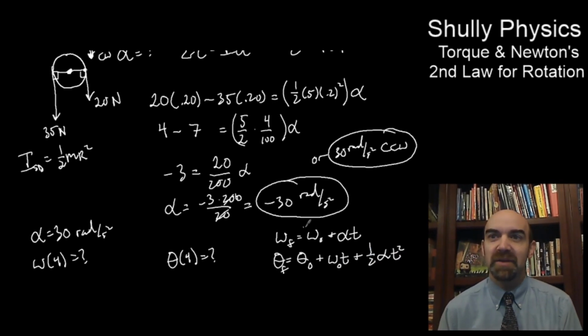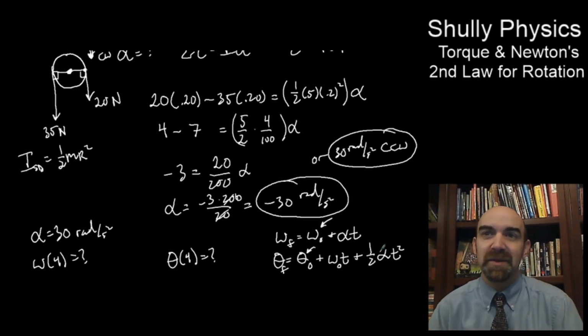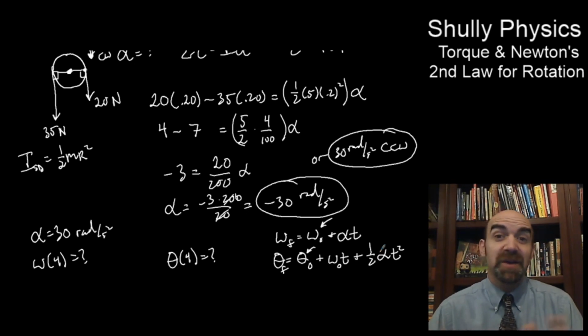You still have these. Plug them in, give it your initial conditions. They're usually zeros. Plug in your alpha, plug in your time, and you'll have your answers. So don't forget those little pieces. Once you have the alpha, you can figure out the omegas and the thetas from there. So I hope that gets you started with rotation, and I hope this has been helpful overall.